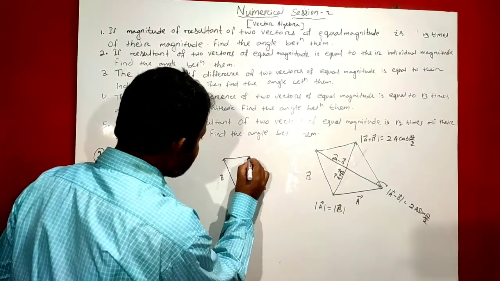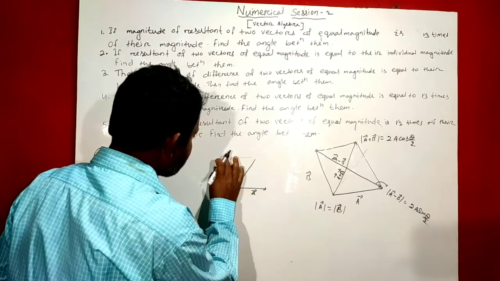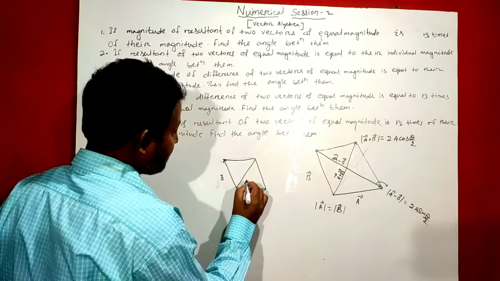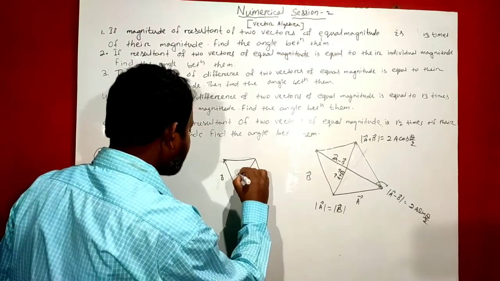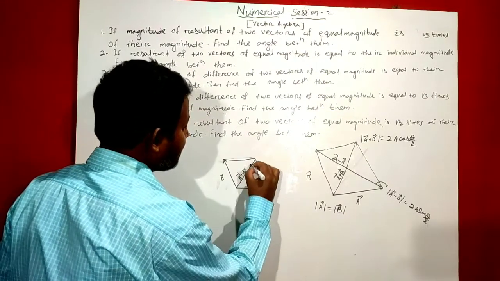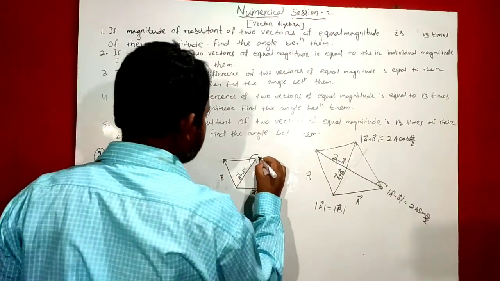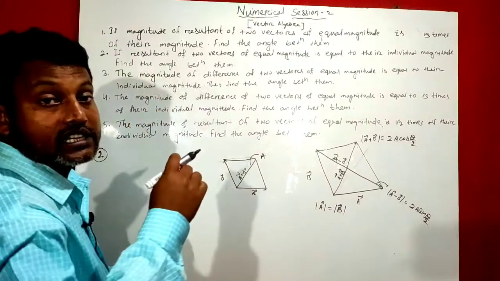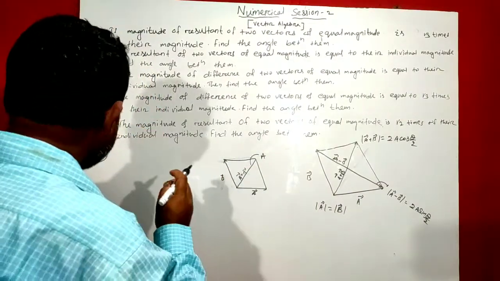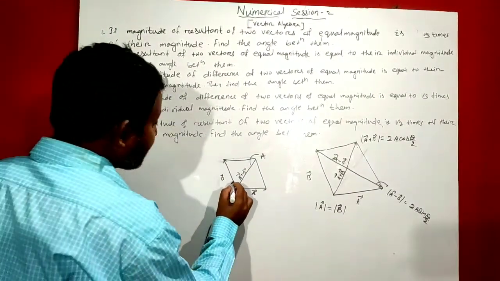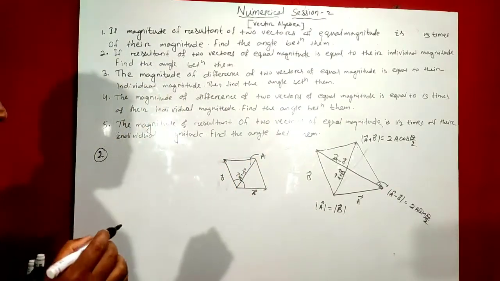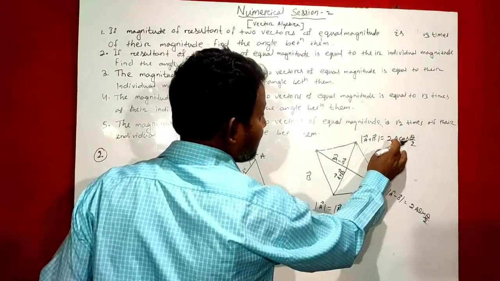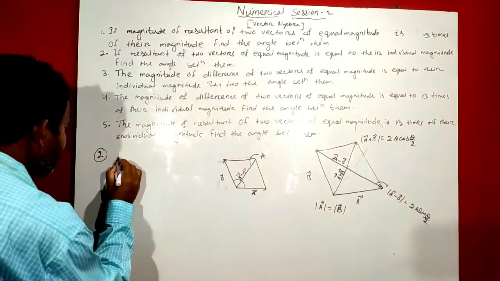Let's say this is A plus B, and this is A, the magnitude of A and B. We have to find the angle between the vectors. A plus B is equal to 2A cos theta by 2.